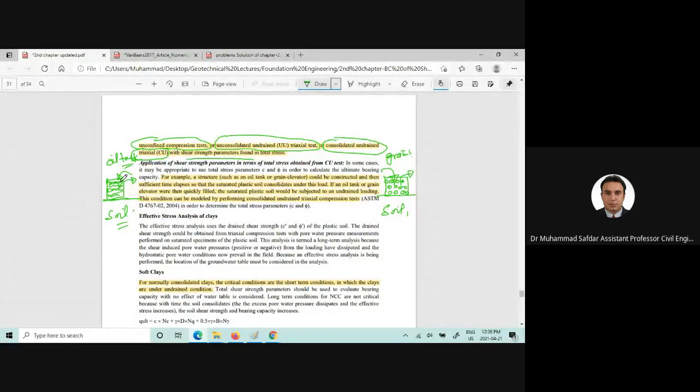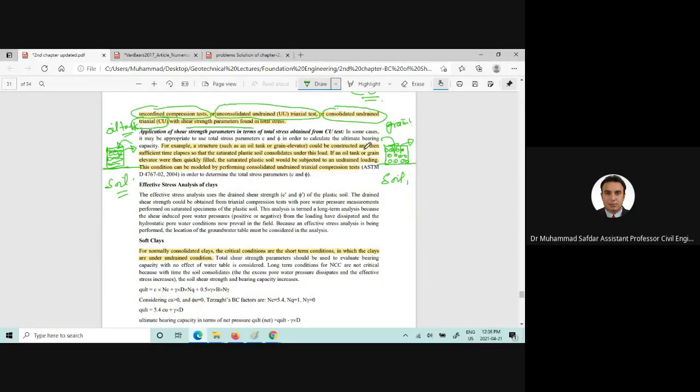So first the soil was in a consolidated condition, but now we are emptying and then adding the oil again. This would be the simulation of a consolidated undrained test.